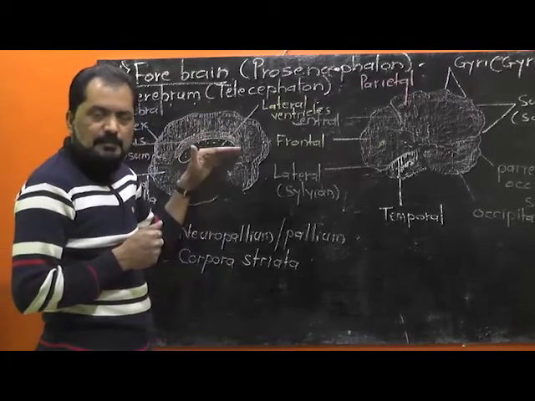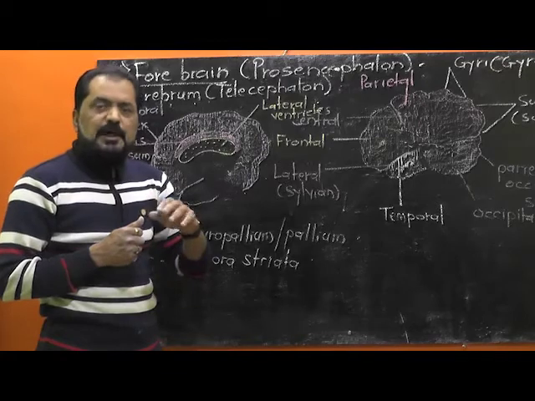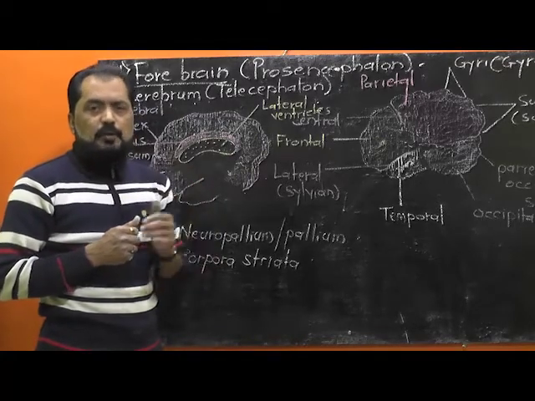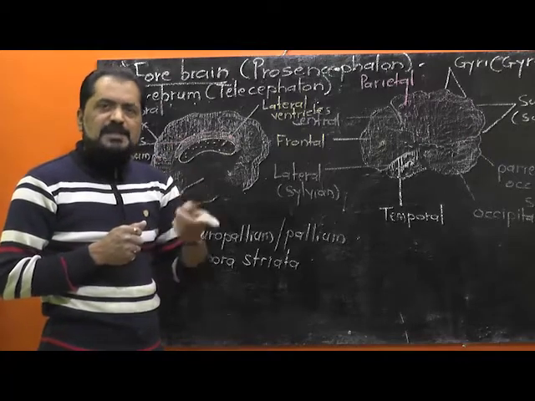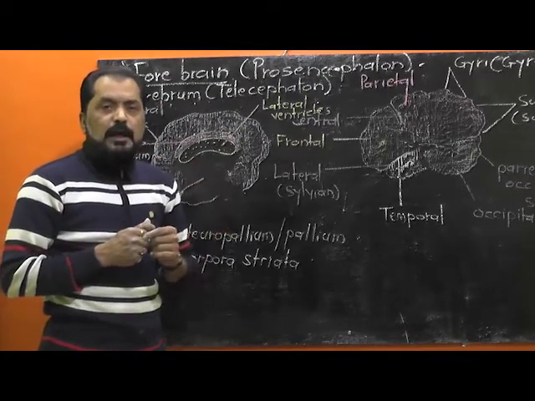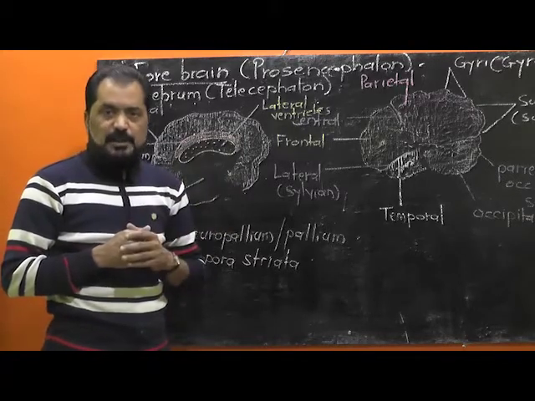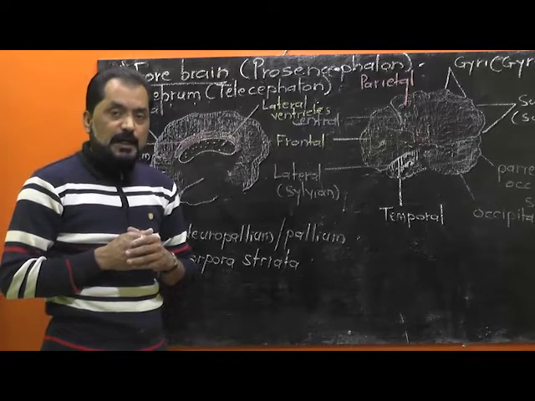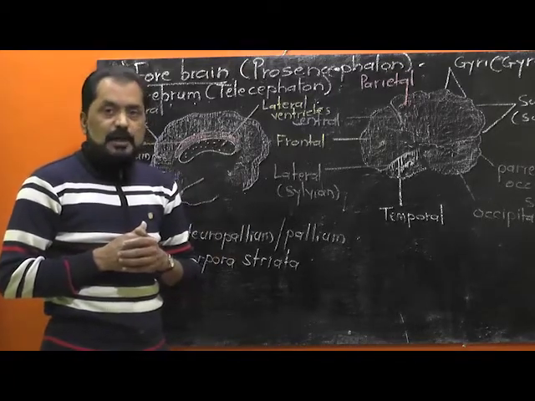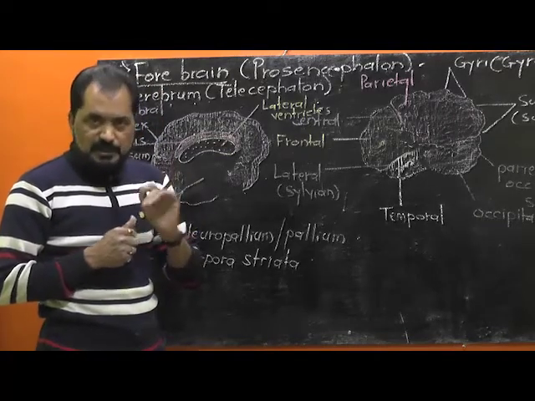That masses of gray matter in the white matter are known as basal nuclei. Listen, they are called the basal nuclei, may be called basal ganglia, or may be known as the nuclei of cerebrum. Is that clear?